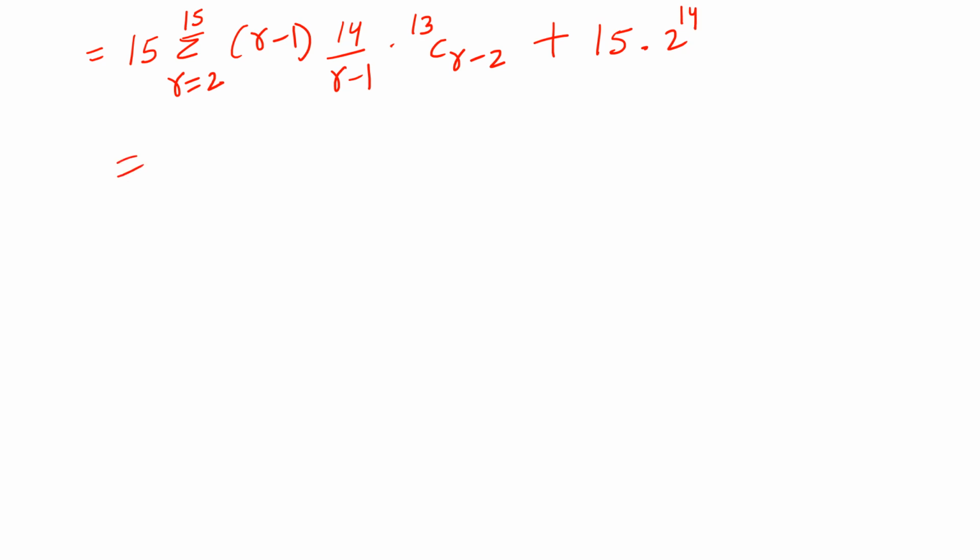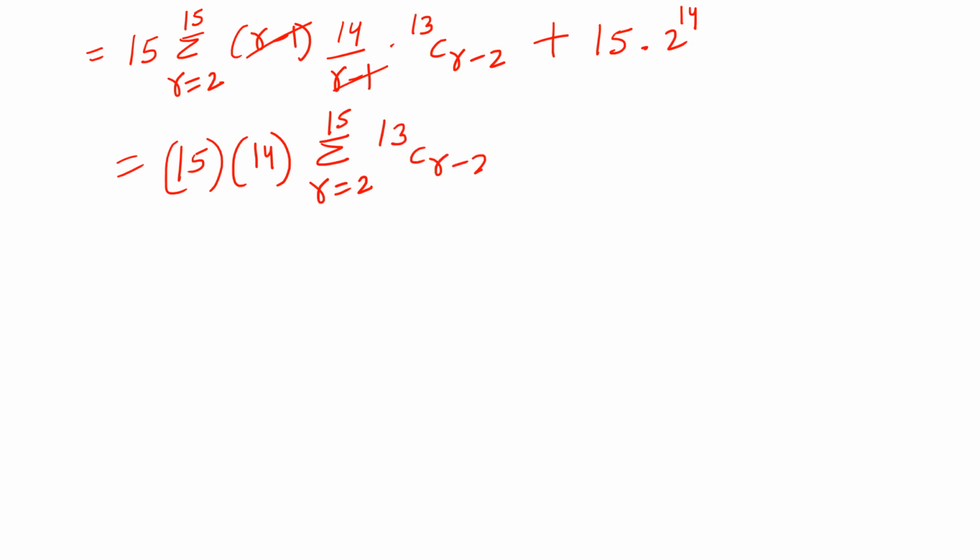Now students, (r minus 1) gets cancelled with (r minus 1) and 14 you can take outside the summation. So now it becomes 15 into 14 into summation r varying from 2 to 15 of 13C(r minus 2) plus 15 into 2 to the power 14.